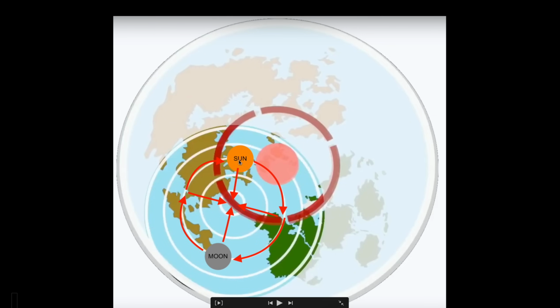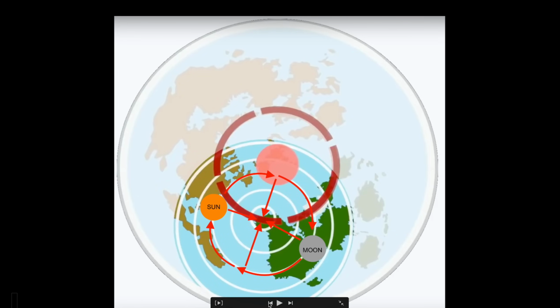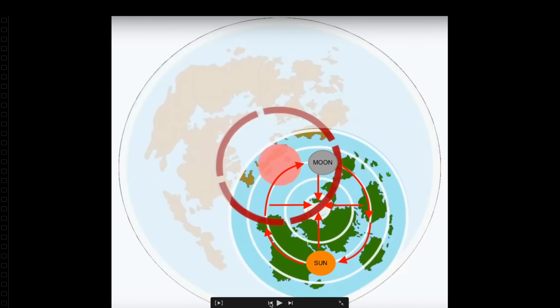The sun is an electromagnetic force. The moon is bound by the same electromagnetic force. This shift that's happening right around these heavy red lines is natural. It has always happened, it always will happen, and it will always follow these red lines. The sun and the moon follow it.